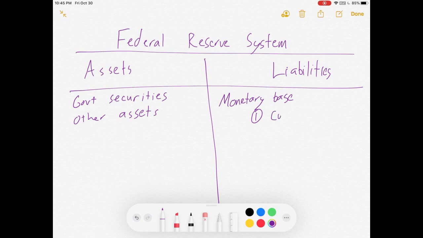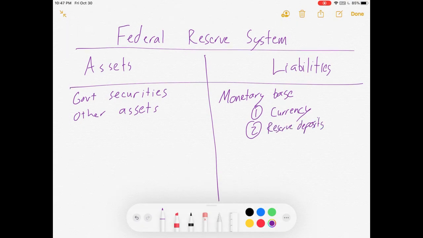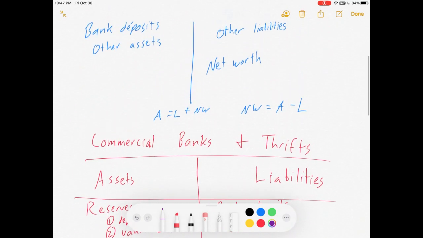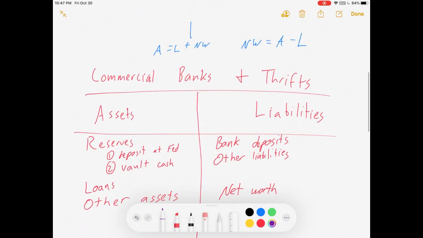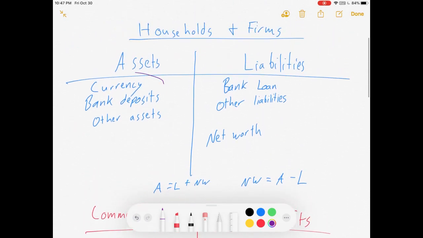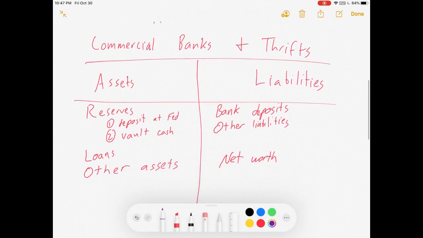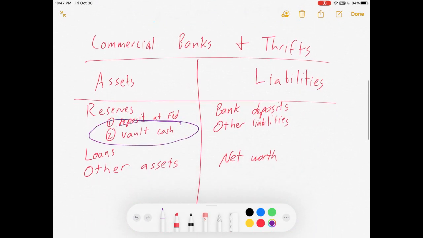There's two pieces. There's currency, and there is reserve deposits. Now, one thing that's important to point out is that this currency includes two different things. It includes the currency in circulation that our households have, and it includes the currency that is being kept in vaults as reserves.